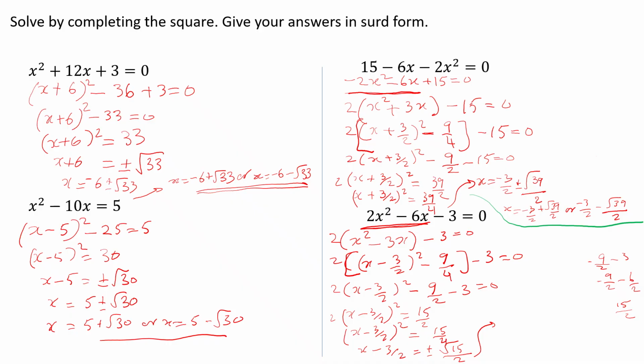Now we have two answers, x equals 3 over 2 plus root 15 over 2, or x equals 3 over 2 minus root 15 over 2. That is the answer.